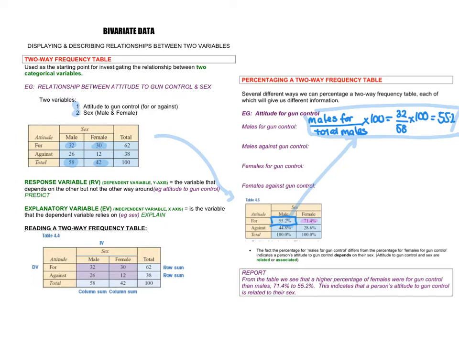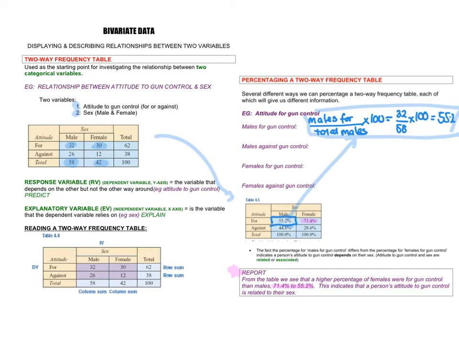If you look down here, we wrote from the table, we can see that the higher percentage for females for gun control than males, with 71 to 55. See how we've used the stat and said there's a higher one in the female, and then we'll say this indicates the attitude to gun control is related to their sex. We don't have to say why or if there should be. We're just saying this is what the data tells us.